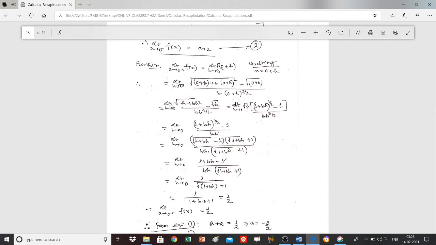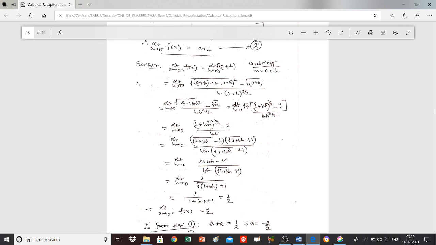After that, the next line is root h plus bh square minus root h by bh to the 3 by 2, and h is taken outside as the common term. This can be written as this, and root h will cancel each other, and from there limit h tends to 0 of (1 plus bh) to the power half minus 1 by bh.